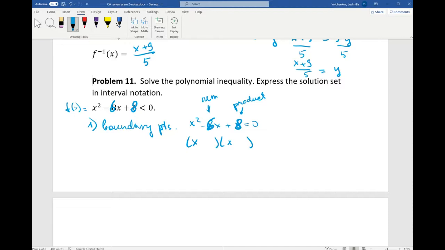So the product 2 and 4, and the sum must be -2 plus -4 equal to 0. So we have two boundary points, x equal to 2 and x equal to 4. Okay, so 2 and 4, and both points are not to be included into the solution set because we have less but not equal sign.